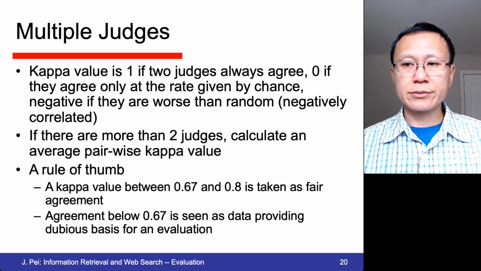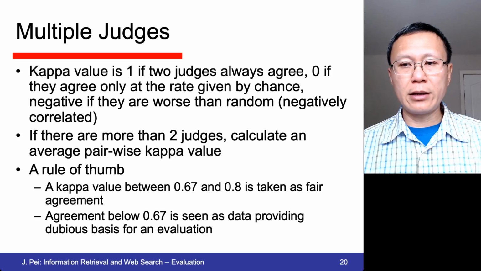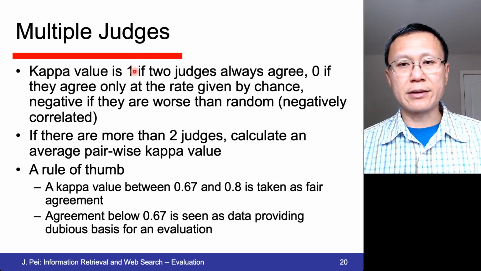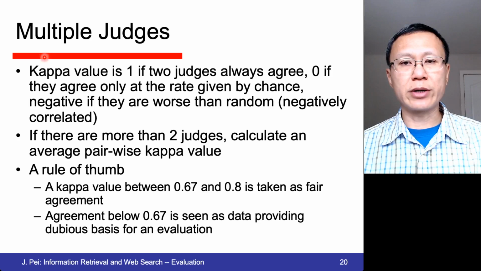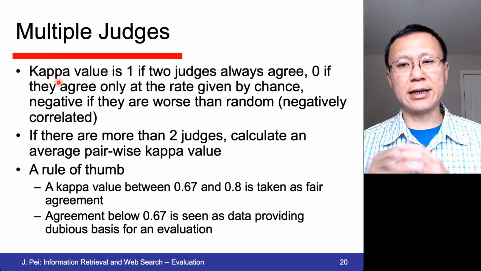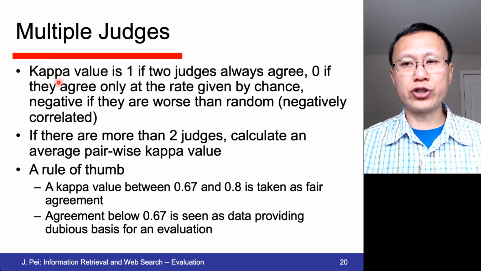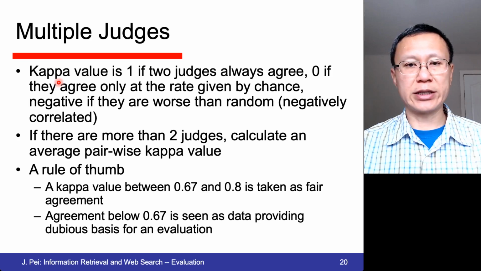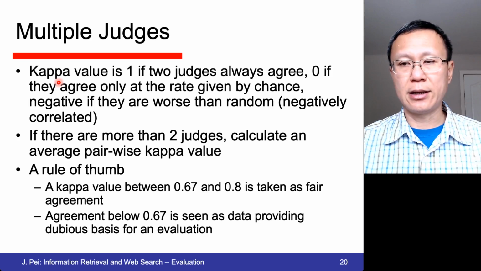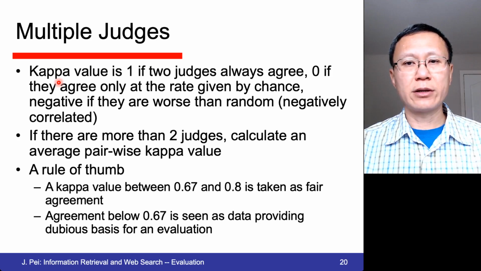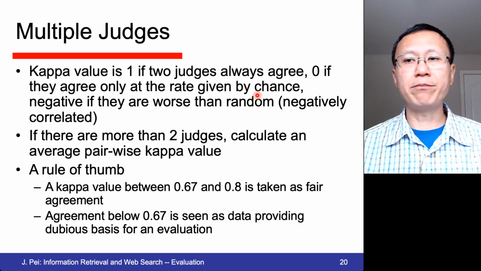So in the previous slide, we introduced how to calculate the Kappa statistic. The Kappa value is 1 if two judges always agree, as we explained as the intuition. And it is 0 if the two judges agree only at the rate given by chance.